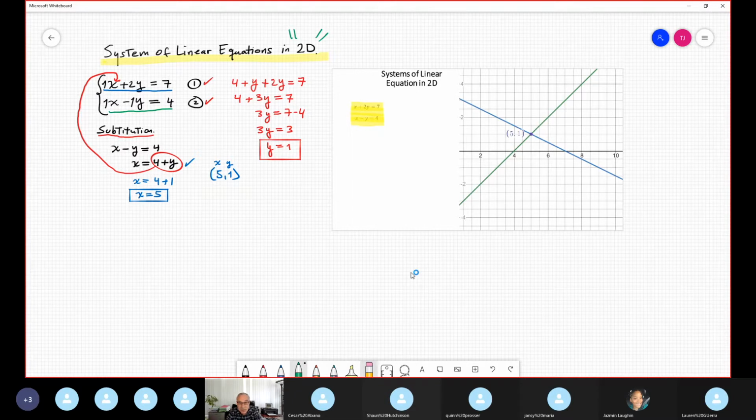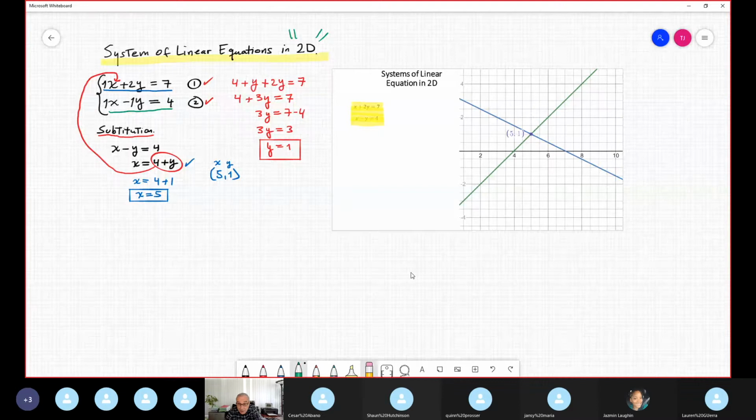Each equation represents a line in the 2-dimensional plane. And the intersection is the common point, the point in which both equations satisfy, is the solution. So the point 5, 1 is the answer, intersection.